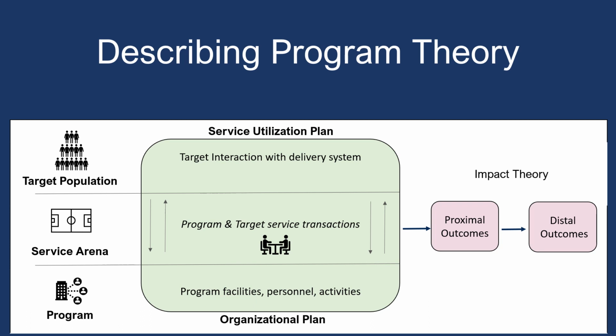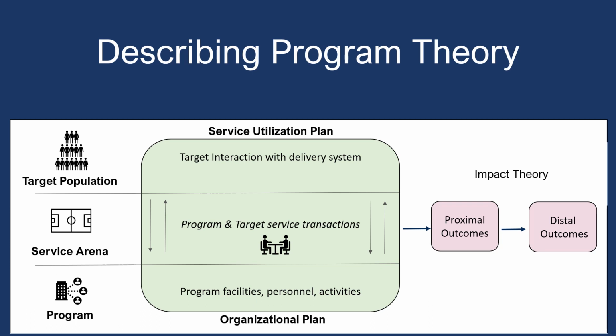So if you move to the right, it sets the stage. You have your service utilization plan that is ensuring that our target population will be brought into contact with the program. And then you have your organizational plan, where you're assured that the organization is supporting the delivery of the program.